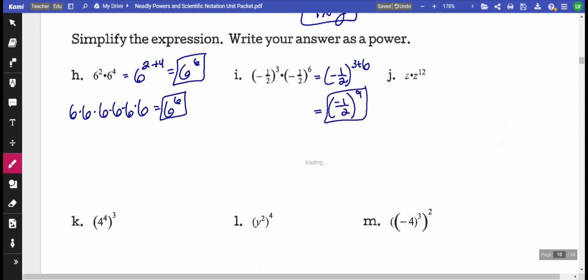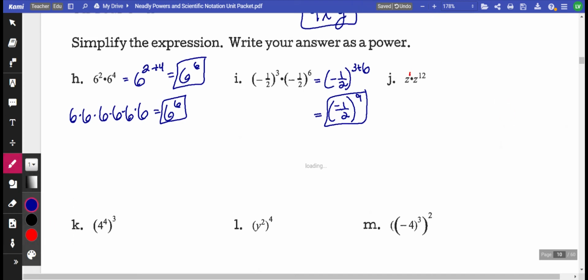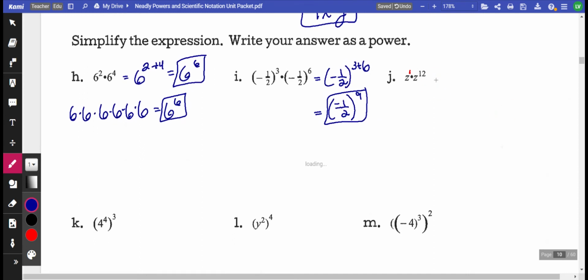Letter J. Well, this one might be a little hard to see, so I'm going to put an imaginary 1 with my first z. So that indicates that we have z to the first plus 12. Again, same base, we're multiplying, so we want to add the exponents.